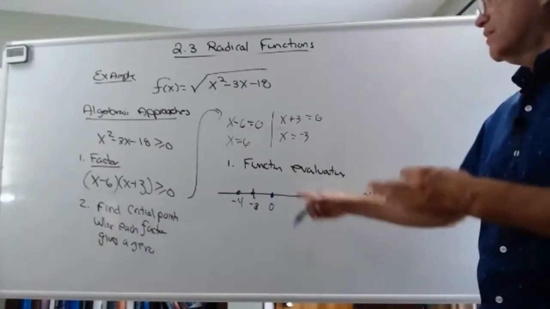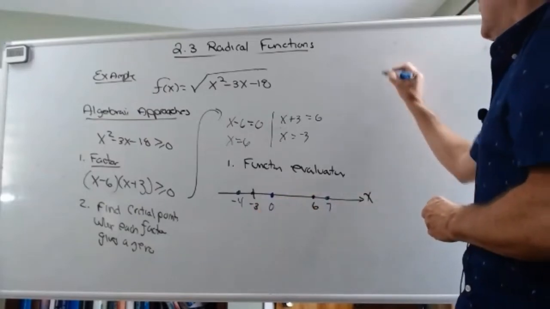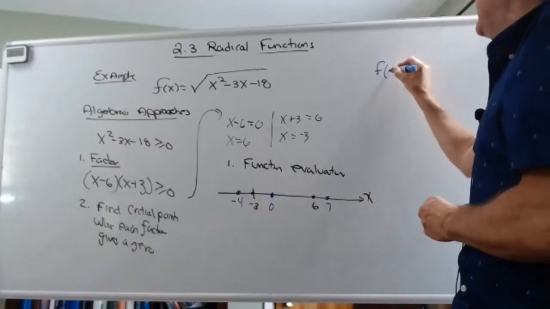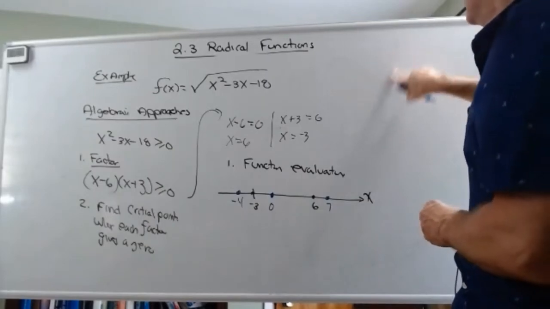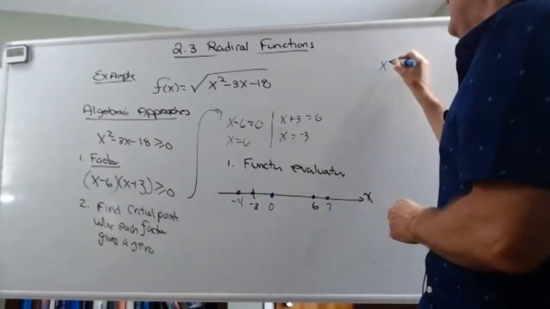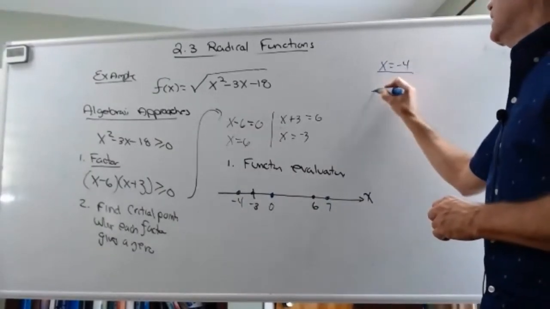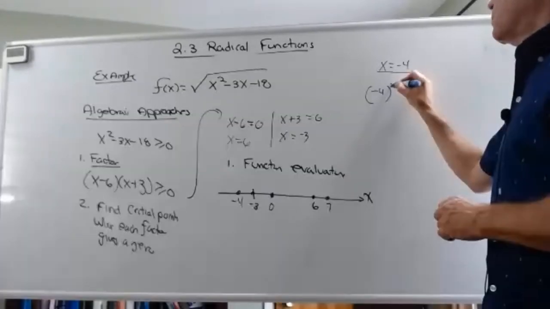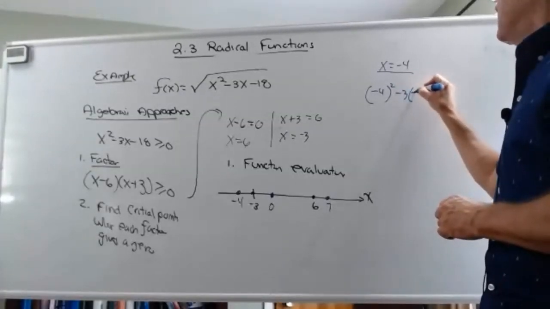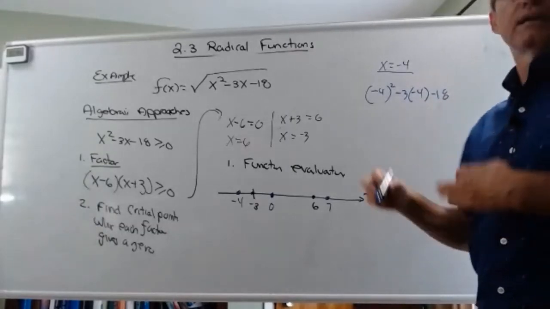I just arbitrarily picked those evaluations, meaning I'm going to evaluate f, this polynomial, when x is equal to negative 4. So I plug it in, and I get negative 4 quantity squared minus 3 times negative 4 minus 18. All I'm concerned about is its sign.